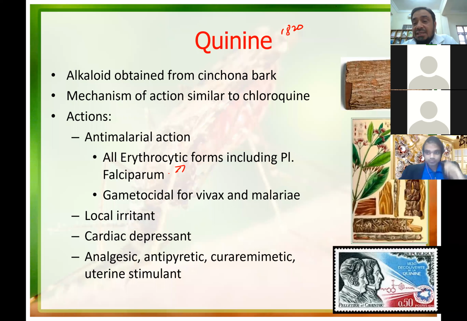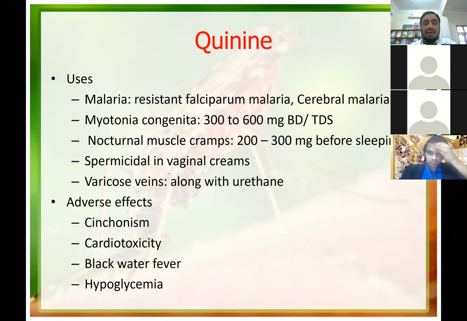Also, it is a uterine stimulant, so it can cause abortion in the early phase, but it is not used for all these purposes except for myotonia congenita and nocturnal muscle cramps. Uses of quinine.